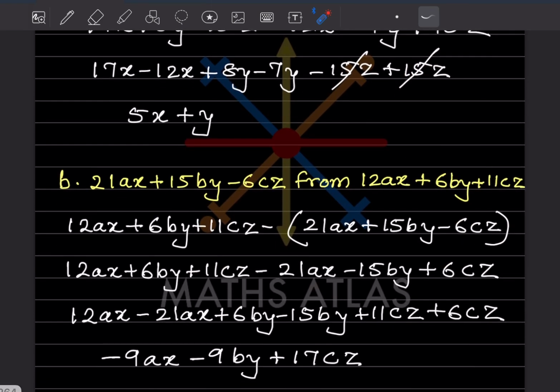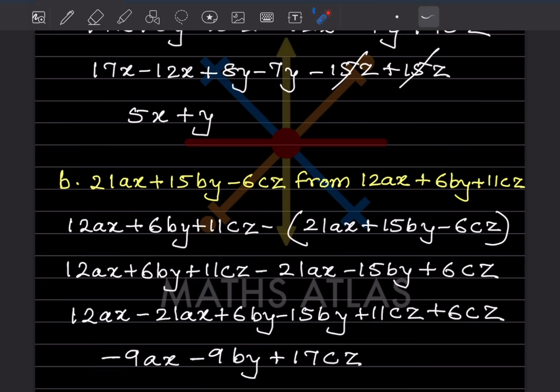Same here, from here, so this will be at the start, minus this will be here. First we'll write this the same, minus 21ax, minus plus will be minus 15by, and minus will be plus 6cz.